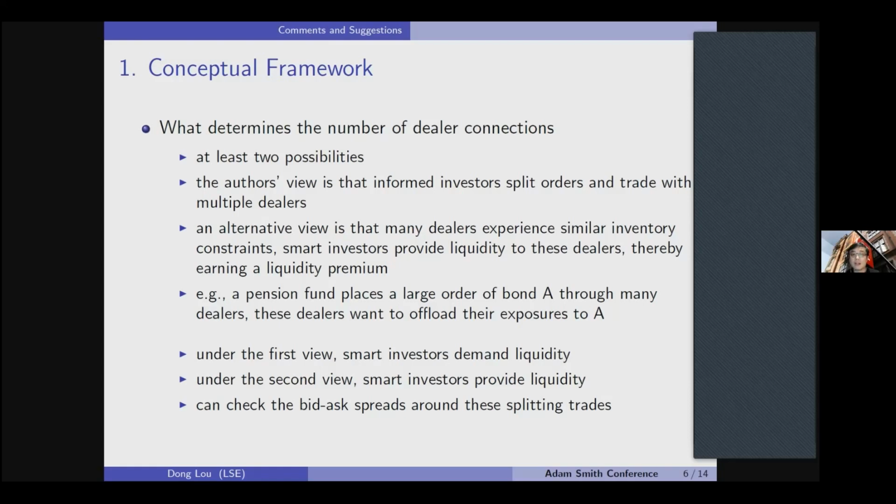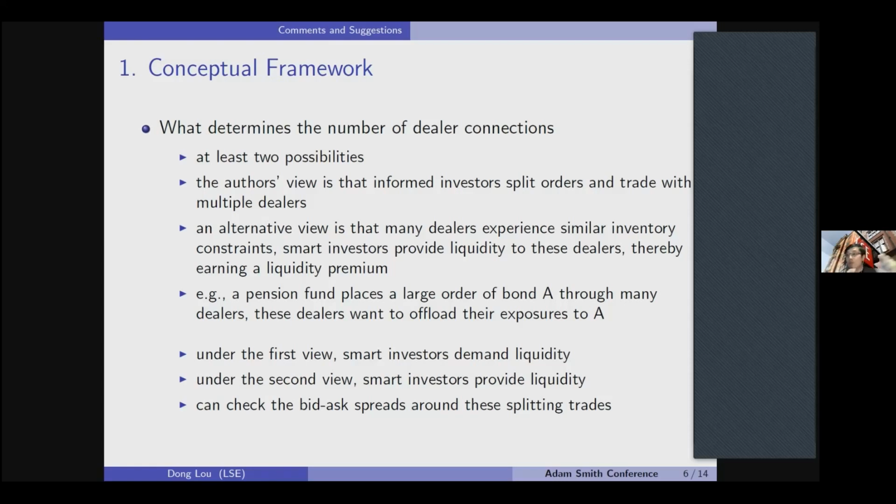And then smart investors come in to provide liquidity to those dealers and thereby earn a liquidity premium. So here's one example. Let's say a large pension fund places a large order on bond A through many dealers. Now, all of those dealers have inventory exposures to bond A in the same direction, and they all want to offload that exposure to A. Now, those smart guys realize this is an opportunity. They come in and provide liquidity to all the dealers, right? Essentially, what they're doing is providing liquidity.